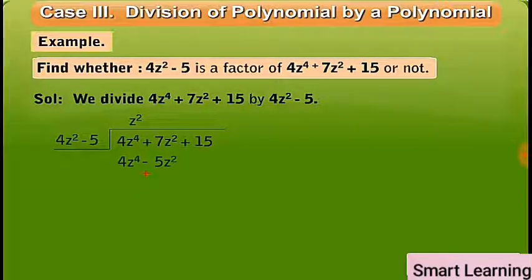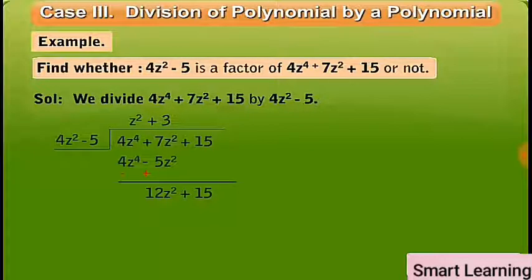Changing the signs, 4z to the power 4 will cancel with 4z to the power 4. 7z square plus 5z square will be 12z square. Copying 15 from above.